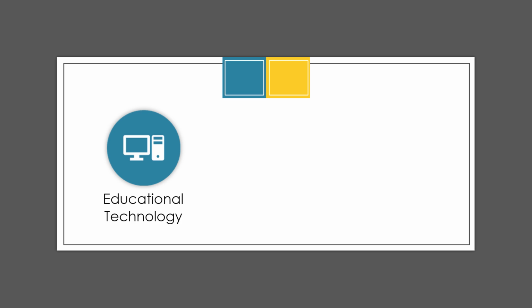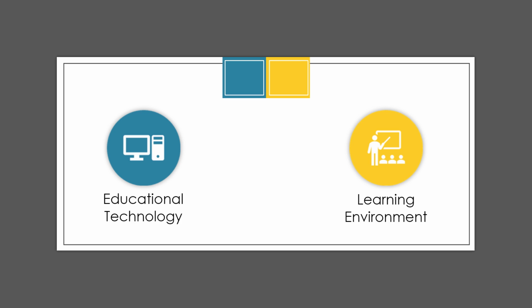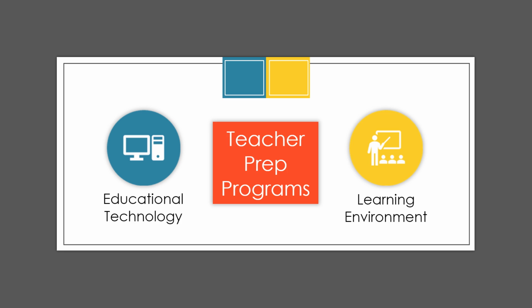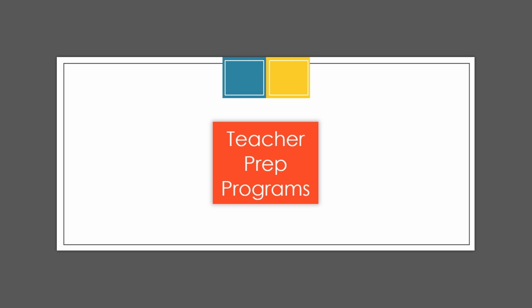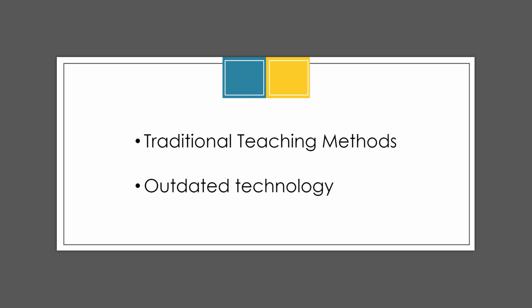An additional barrier to implementing educational technology in the traditional classroom lies with teacher preparation programs. Educational technology proves challenging to implement when the teacher preparation programs continue to remain entrenched in traditional teaching methods and educational technology from decades before, leaving new teachers skilled with technology hesitant to engage educational technology in the classroom.